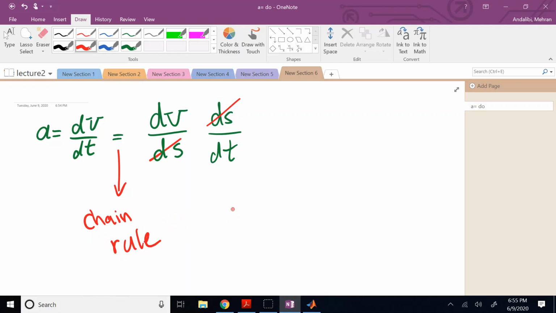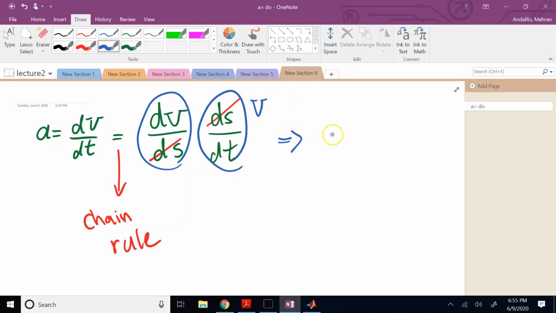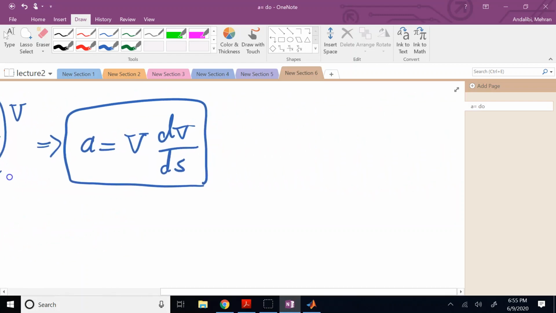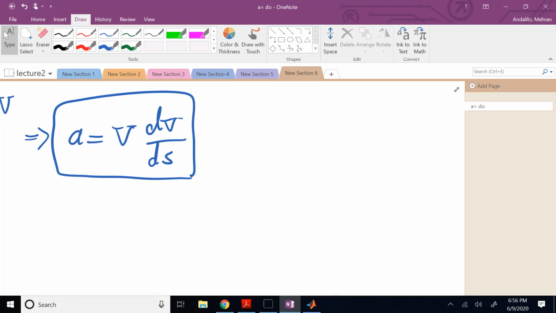Now ds over dt, based on definition, is v itself. So the result is a equals v times dv over ds. This relation, which has no t in it, is called the time-independent equation, a very important differential equation between them.